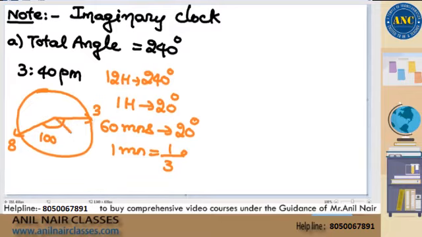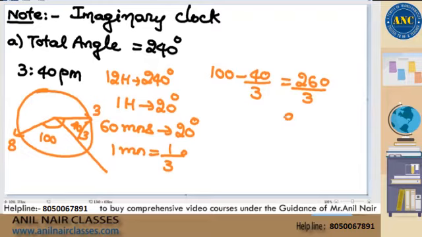When the minute hand reaches 8, the hour hand will shift for 40 minutes. Previously it was 1 by 2, now it is 1 by 3. So 100 minus 40 by 3 is 260 by 3. The answer is 86.66 degrees. I hope it is clear.